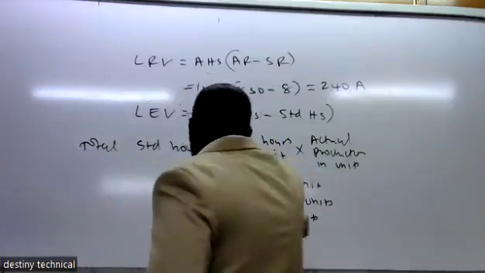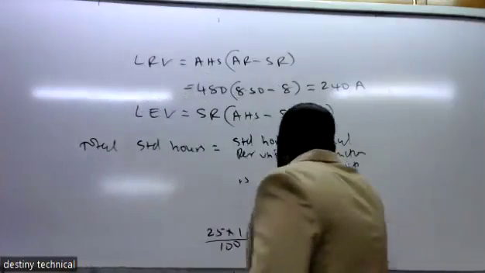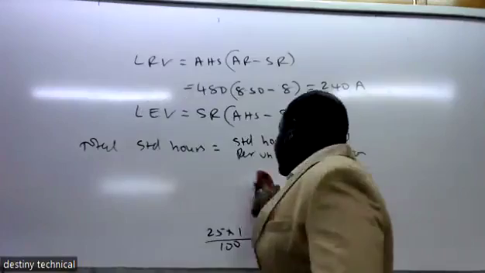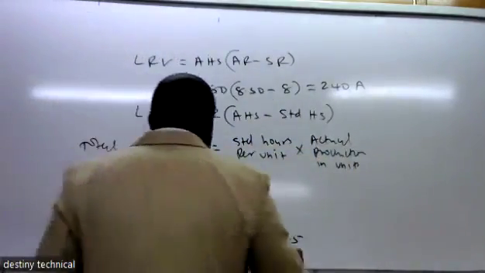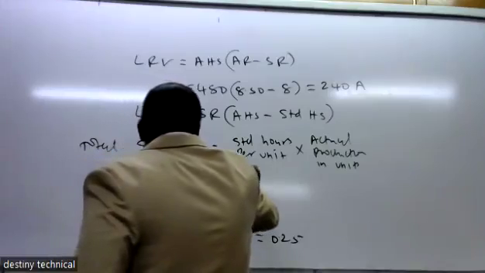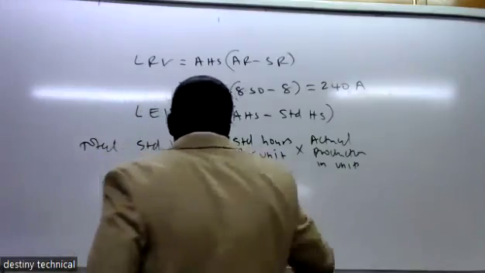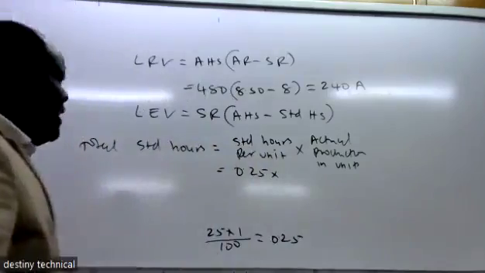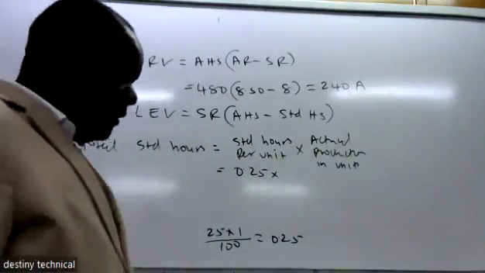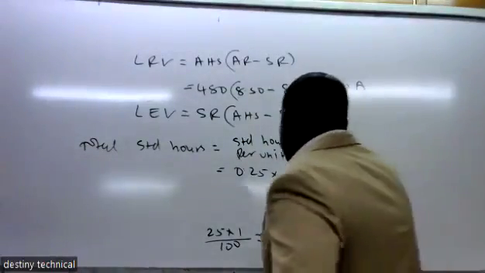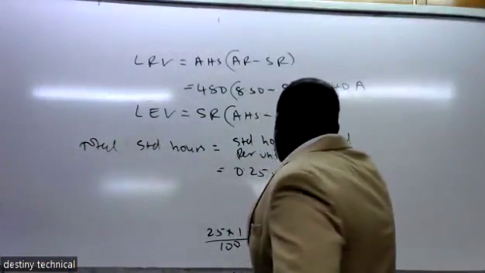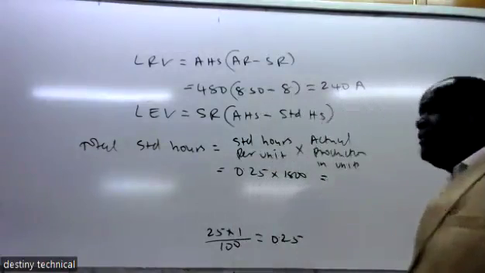We now come up with the total standard hours. So our total standard hours will be 0.25 multiplied by the actual production in units, which is 1800 units.